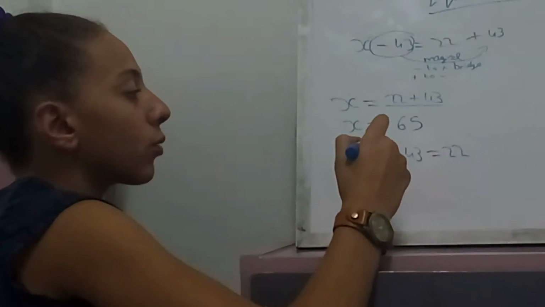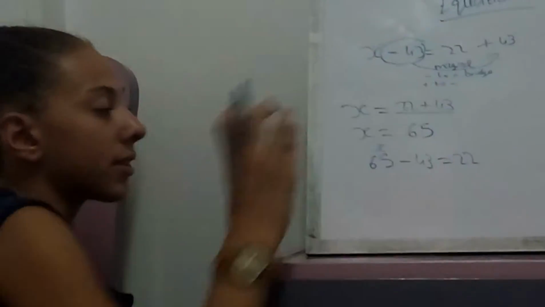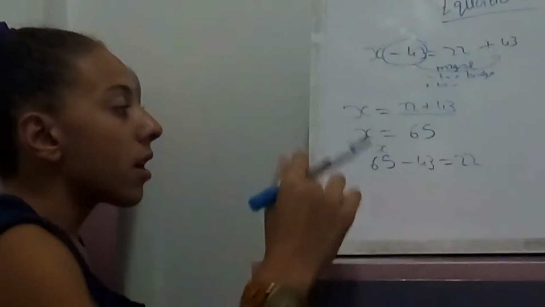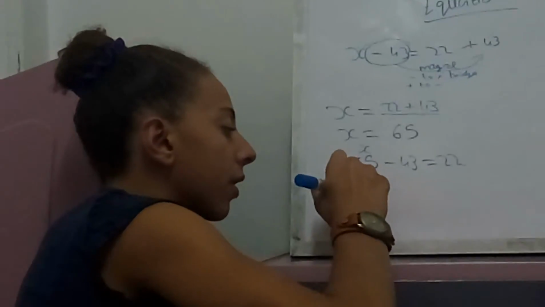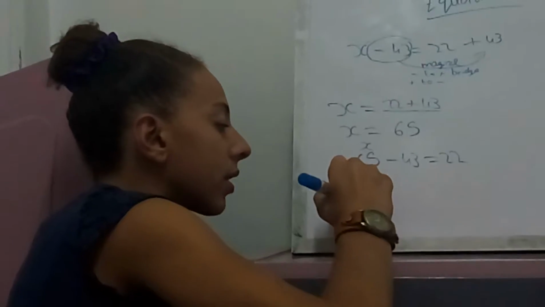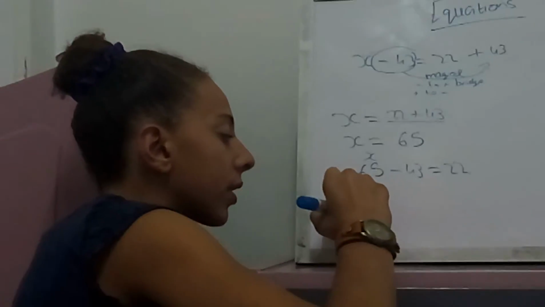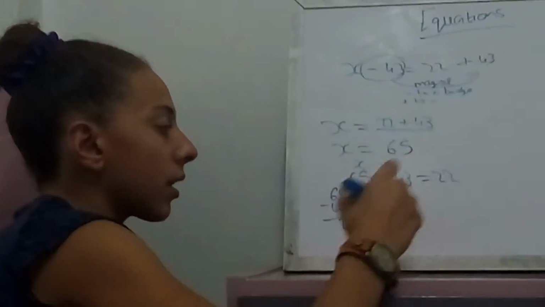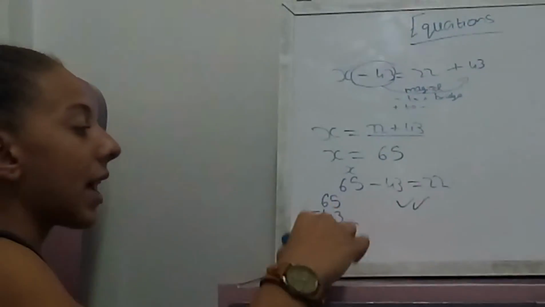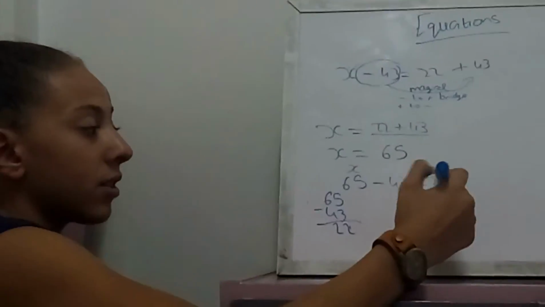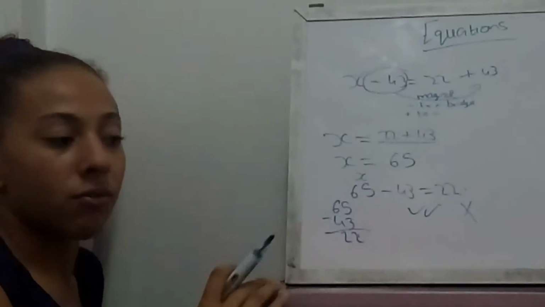Here was the x and we took the x off and put 65 instead of it. Okay, we'll do 65 minus 43. Okay, 5 minus 3 is 2 and 6 minus 4 is 2. Is this the same as this? Yes, so it's right. If this answer is different from this answer, then you solved the equation wrong.